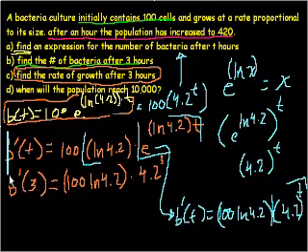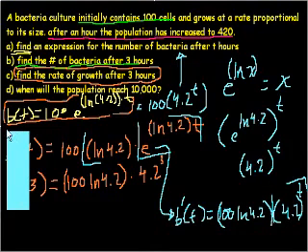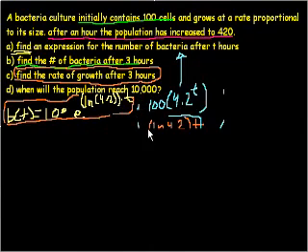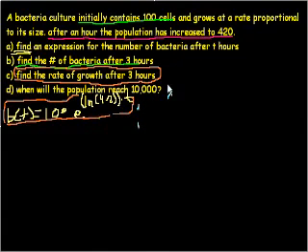So let me erase what we did with part C. When will the population reach 10,000? So let me write what we've already done a little bit neater.